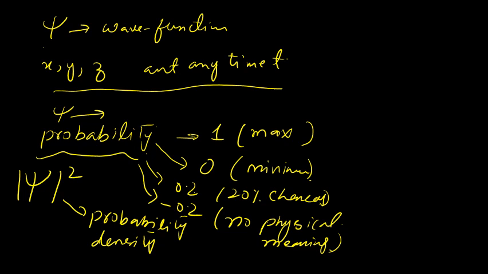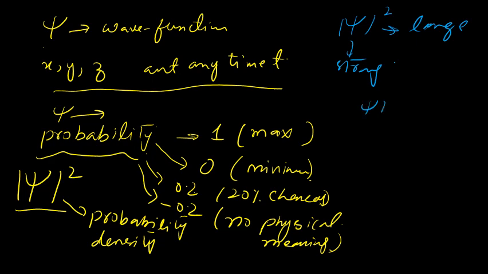The probability of experimentally finding the body described by a wave function at the point x, y, z and time t is proportional to psi amplitude squared. A large value of psi squared means a strong probability of finding the object there at time t, and a small value means a slight probability.